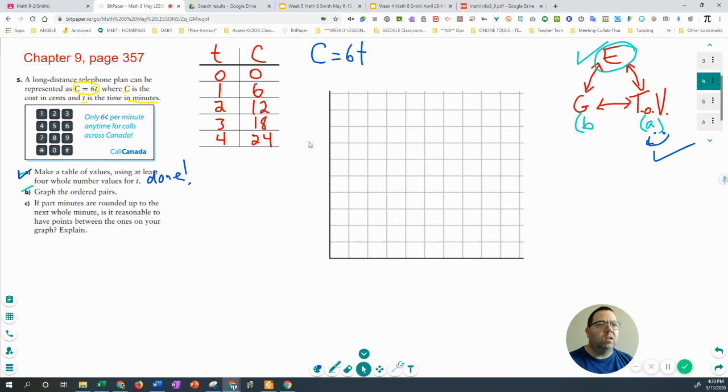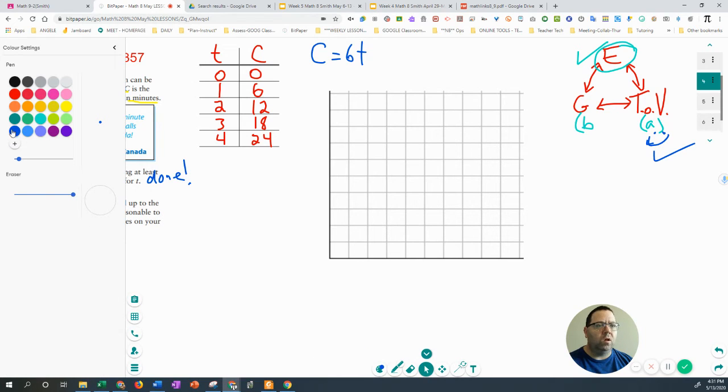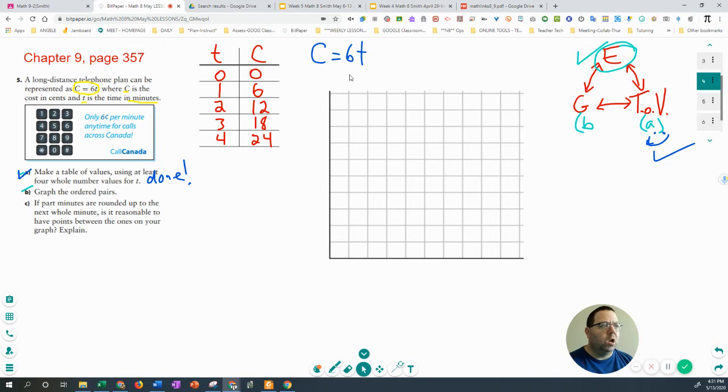So we have to start labeling all of this stuff. Up here, let's do dark orange. Your graph needs a title, so let's go with cost of long distance plan.